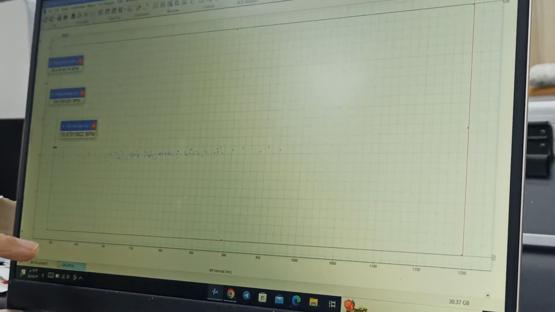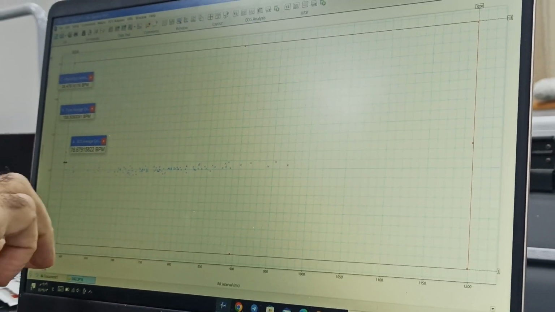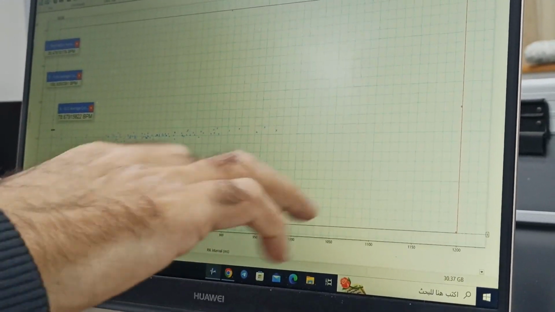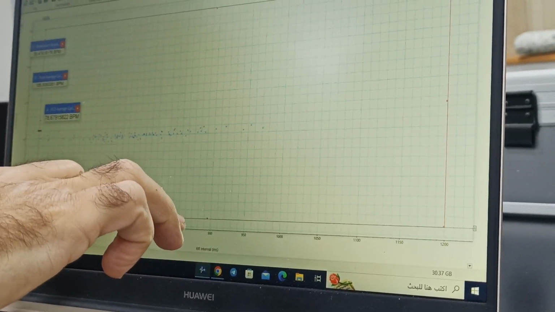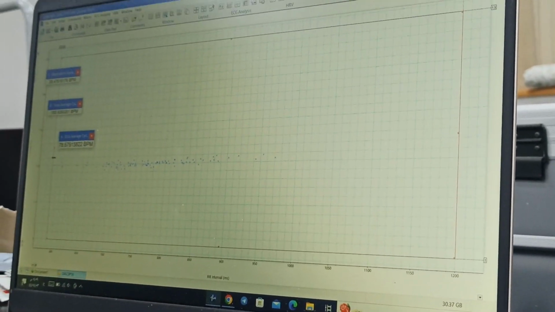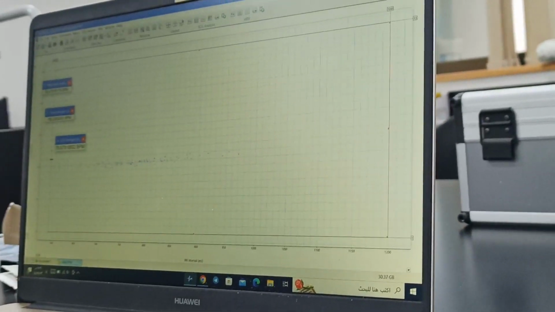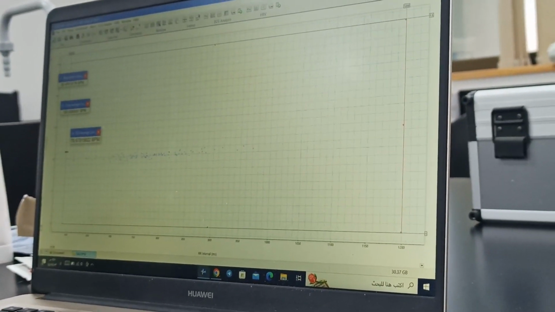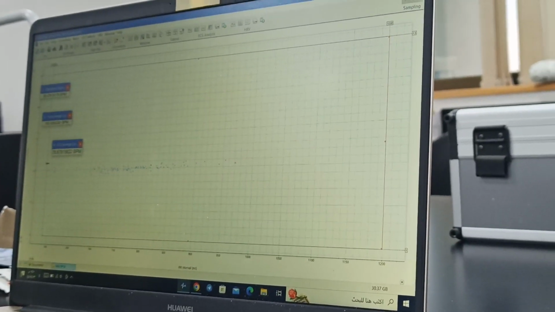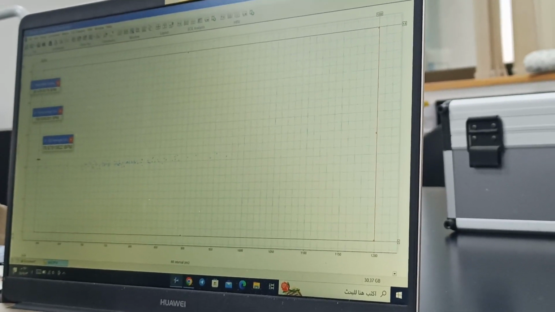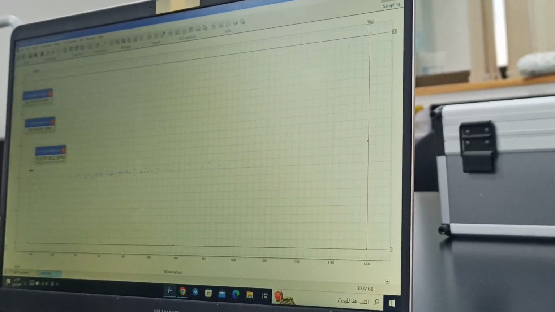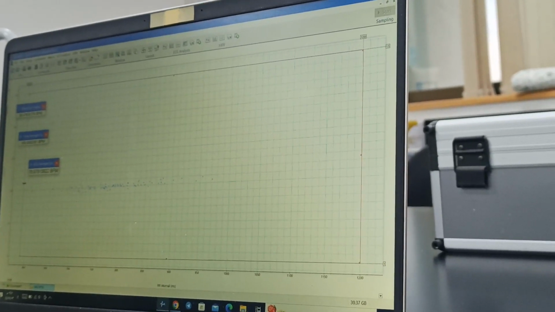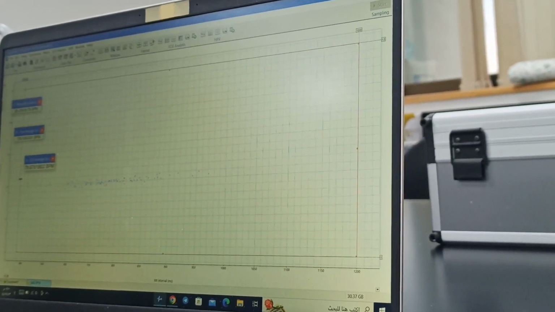Now what you have to see is that this is the time interval between successive beats in milliseconds. At a heart rate of say 70 beats per minute, your beat to beat interval will be something around 800 milliseconds at least, and it will not be more than say 1300 or 1400 milliseconds.